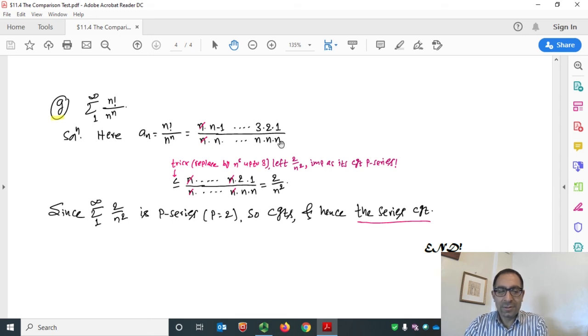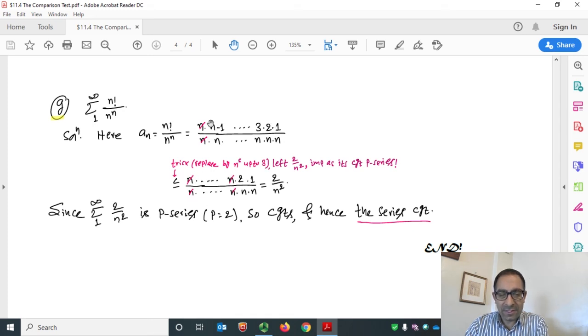So now, to find the inequality, let's use a small trick here. The trick is to replace all the numbers up to 3 by n. So n as it is, replace n minus 1 by n, dot dot dot, replace 3 by n, 2 and 1 as they are.